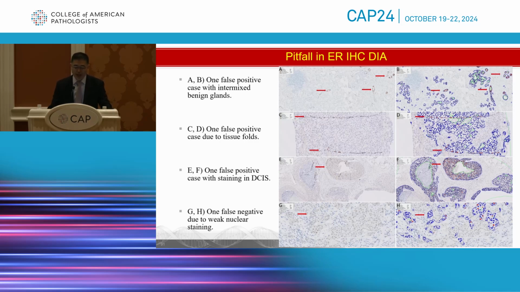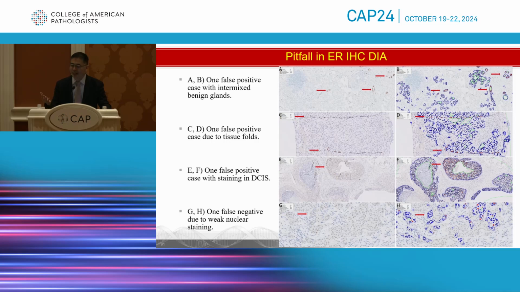That means you have to review these final results before you can use them. The second one, I think, is a false positive case due to tissue folding, as shown here. The folded tissue had some non-specific staining of ER, so it gave a false positive result.